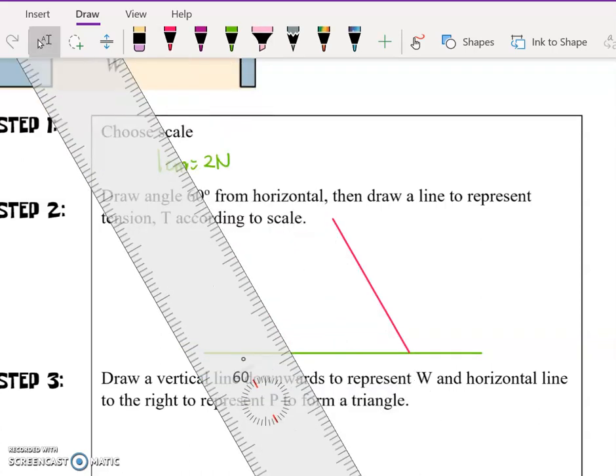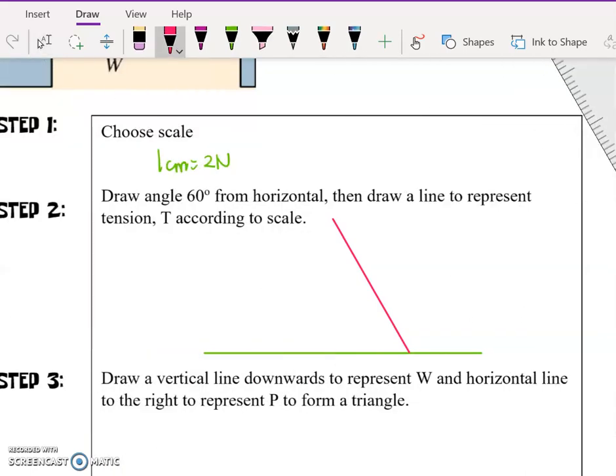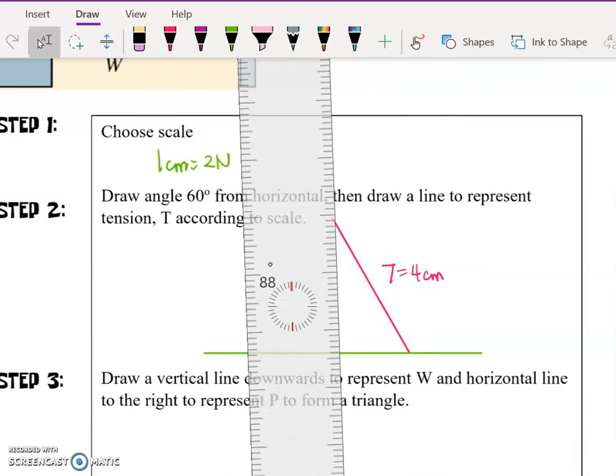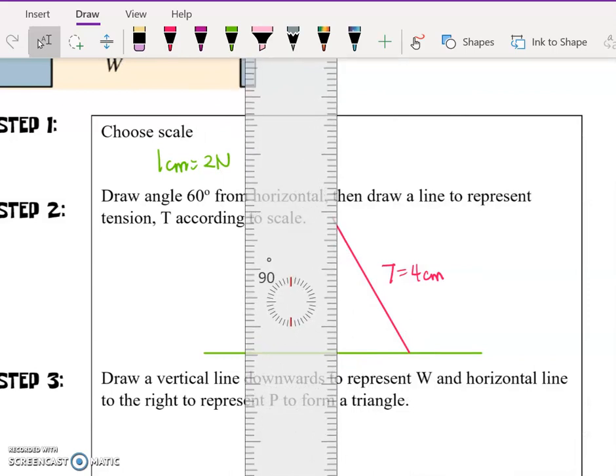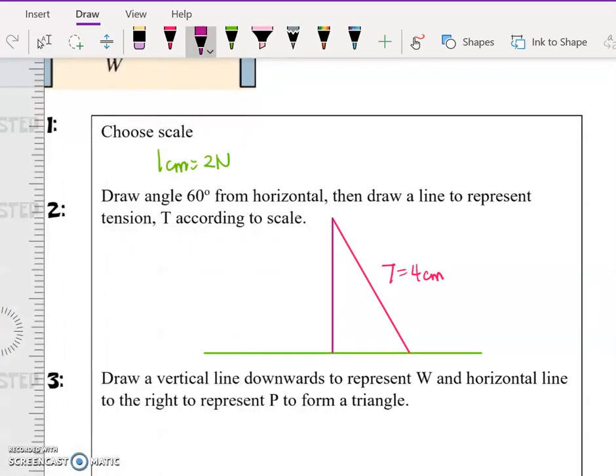Okay, so assuming this is 4 centimeter, next draw a straight vertical line from T and connect it until it touches horizontal. So now you have your weight and your P.